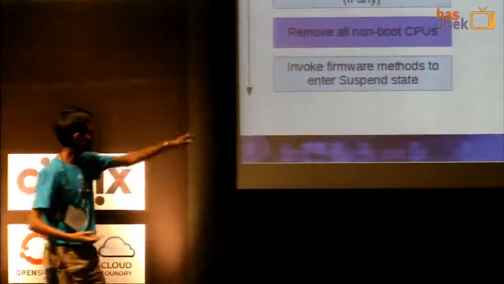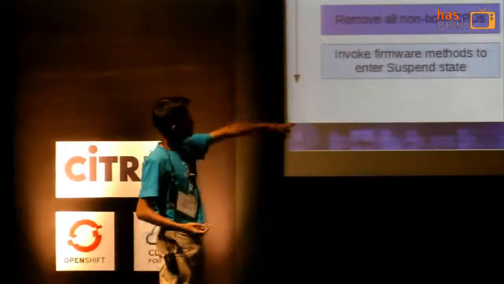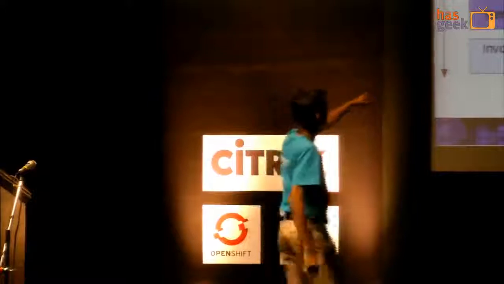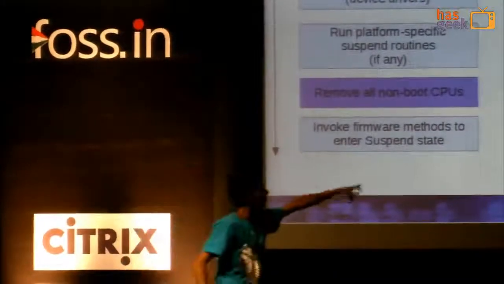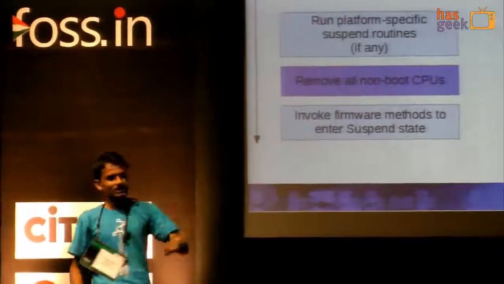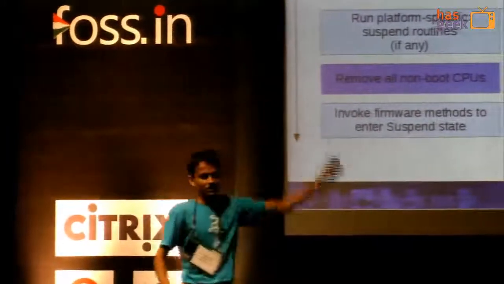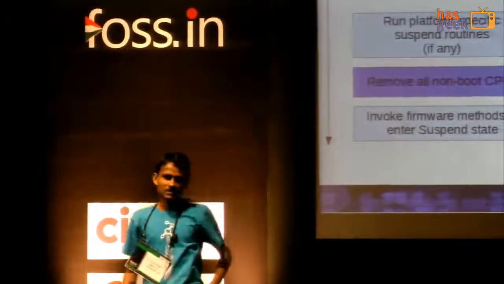So you call ACPI methods or whatever. Similarly, in the resume part, first the firmware gives you control. You store a kernel return address to invoke after the firmware gives you control, so the kernel will jump to that return address. From there, you'll continue the kernel parts, and then you'll start user space, with all the tasks that start your user space.